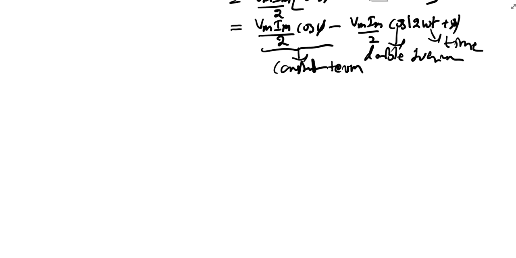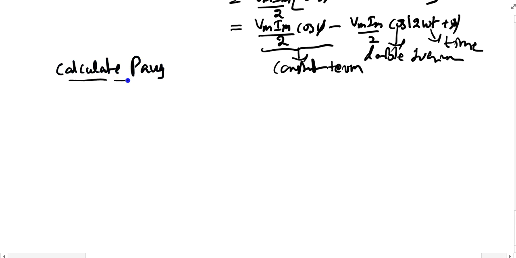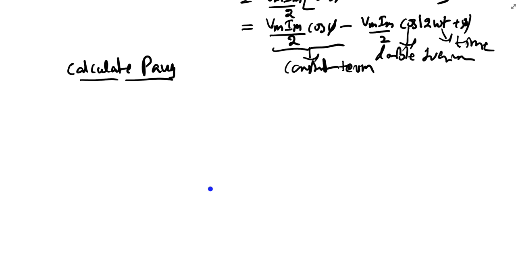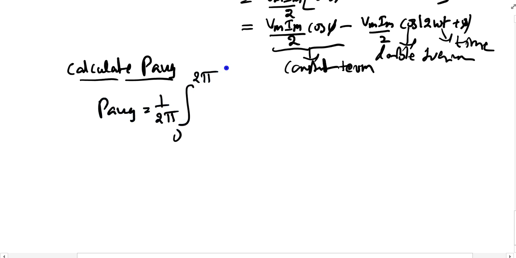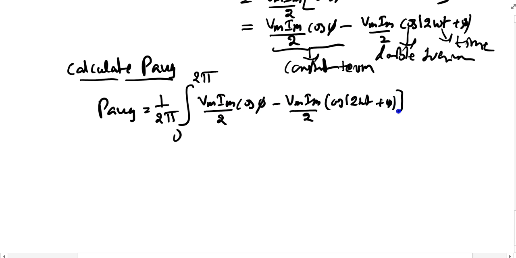Now let's calculate the average power. Calculate the P average for this. So we'll do this now and see what we get. The P average is nothing but 1 by 2 pi integral from 0 to 2 pi. Again substitute this instantaneous power here: Vm Im by 2 cos phi minus Vm Im by 2 cos(2 omega t plus phi), d omega t.